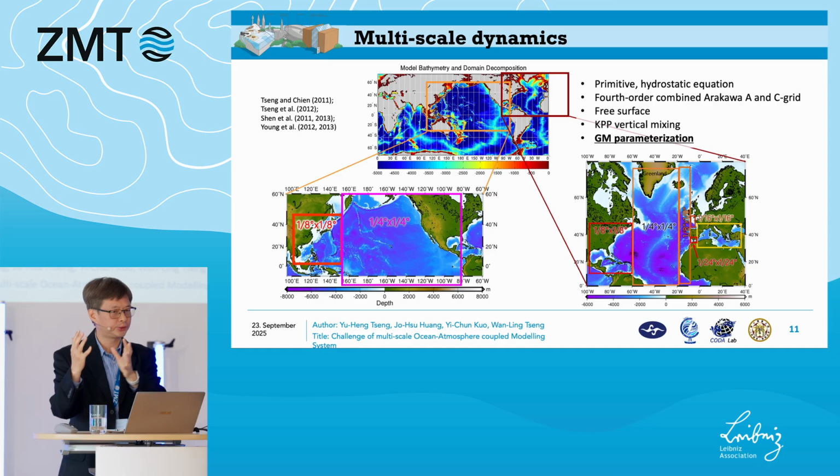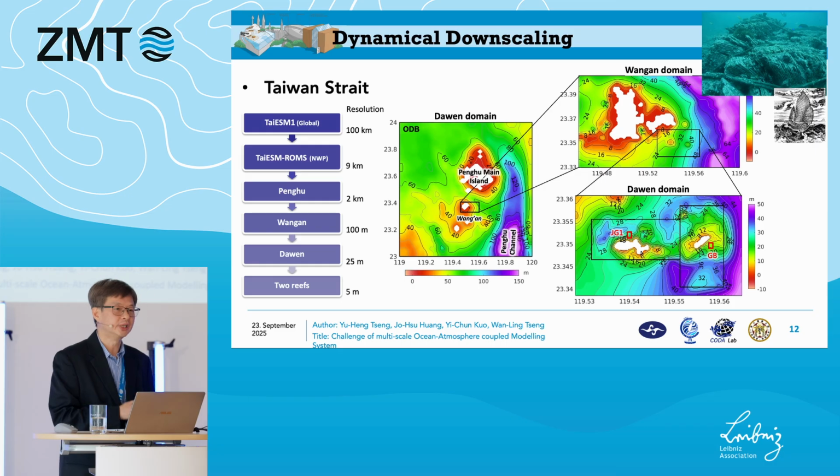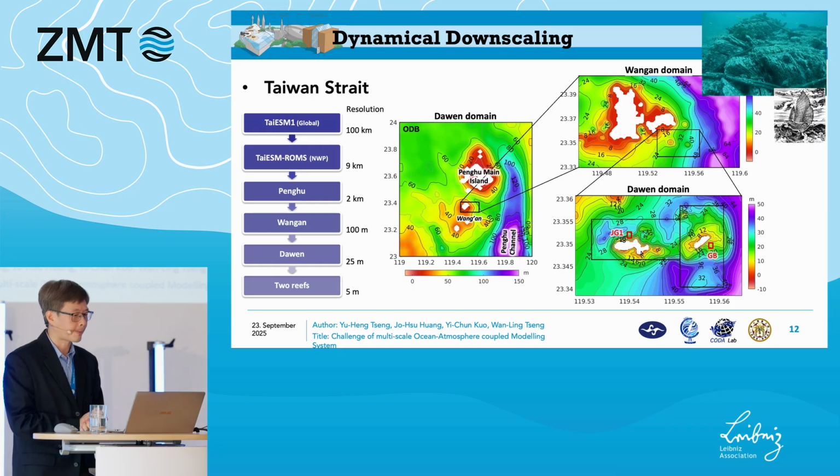We see, okay, those regions we need high resolution, so we use high resolution. For some regions, we think the coastal process may not be so important, so we can use not so high resolutions. So that can save our computational cost significantly.